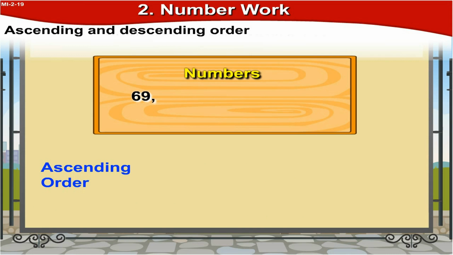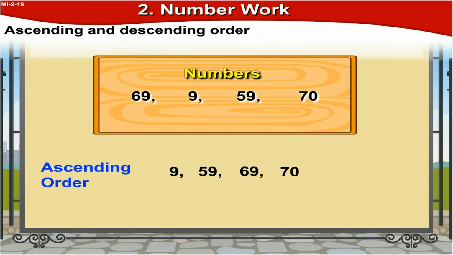Next set of numbers are 69, 9, 59, 70. For ascending order, first let us find the smallest number, which is 9. Then, a number bigger than 9 is 59, then 69, and in the end, 70.